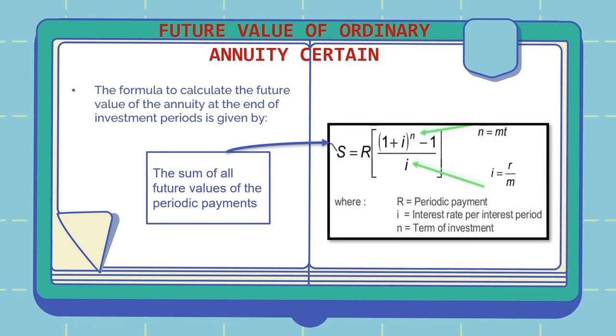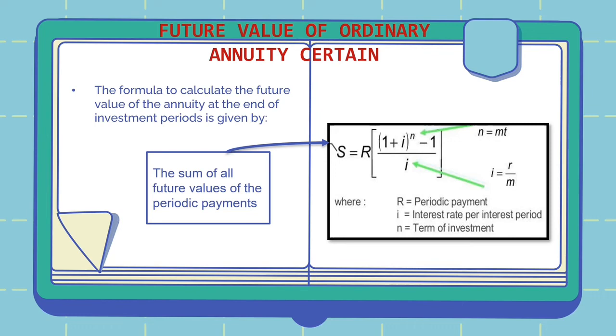So to find the future value, which is S, it is equal to R in bracket 1 plus interest rate, to the power of N, minus 1, then the answer for all will be divided with the I. Here N is M multiplied with T, while I comes from R divided with M. So R here means the periodic payment.